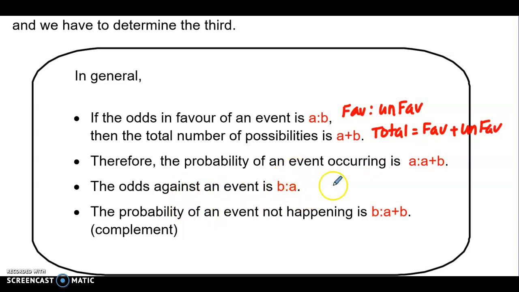Therefore, the probability of an event occurring is A to A plus B, or in other words, favorable to total. The odds against an event occurring is B to A, or in other words, unfavorable to favorable. And the probability of an event not happening is our unfavorable to the total.